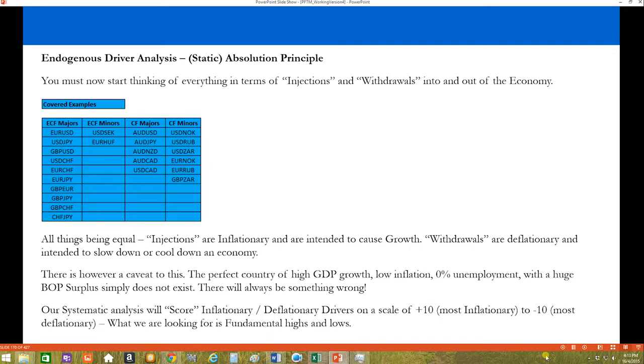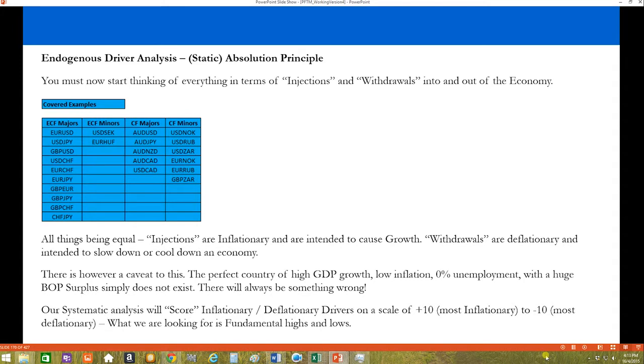So please remember that. And what we're going to do when we go through both our endogenous and driver analysis, we're going to look at each driver, whether that's a leading, coincident, or reactionary central bank government driver. We're going to be looking at each driver, and we're going to be assigning a score to that driver.